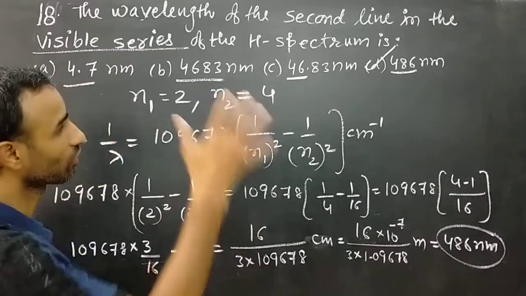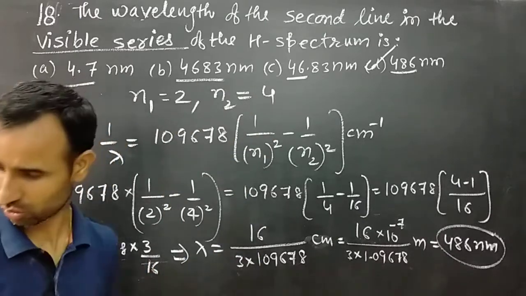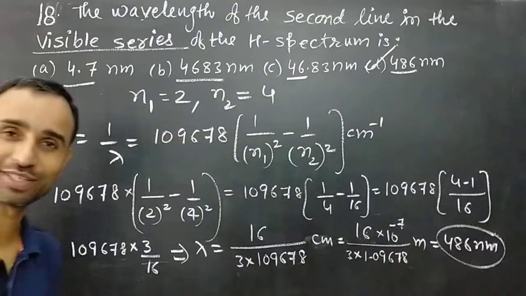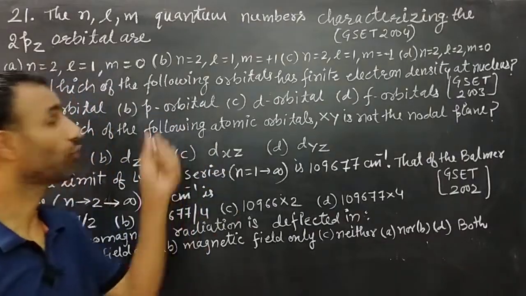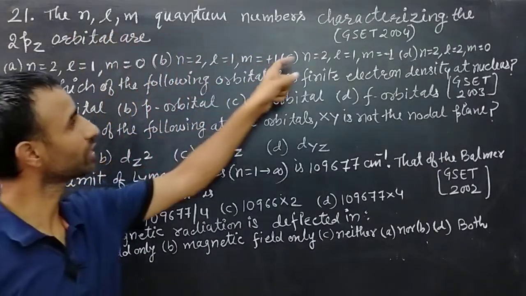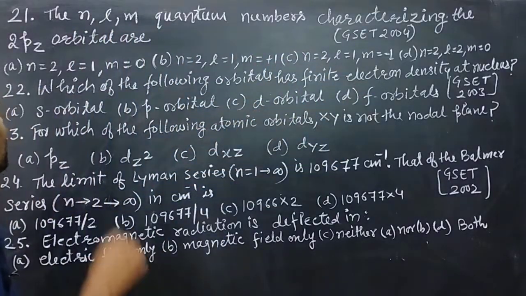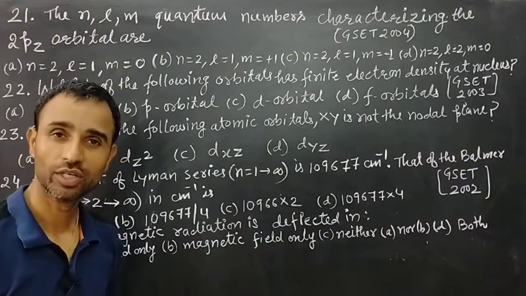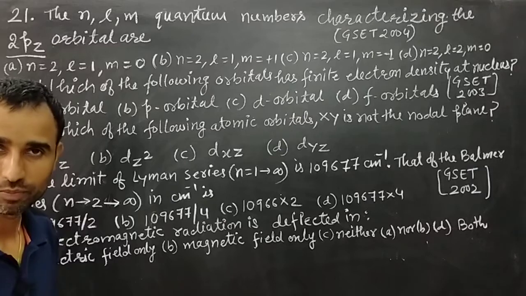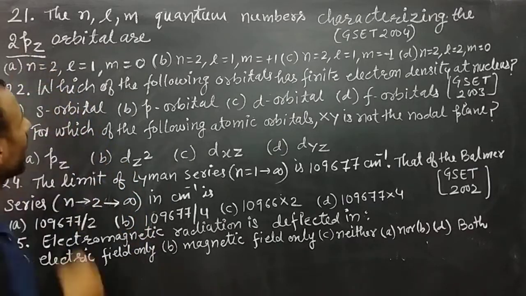Okay. So these are the questions from GSET, I think 2006. Yes, 2006. So 21st question. The question is: the n, l, m quantum numbers characterizing the 2pz orbital are. So you know, for 2pz n is 2 and for p, l is 1.